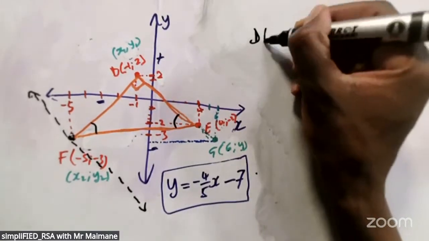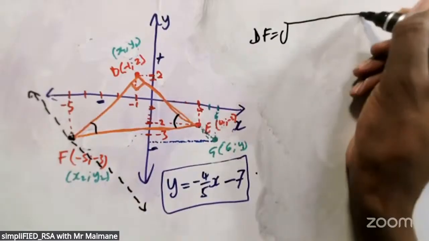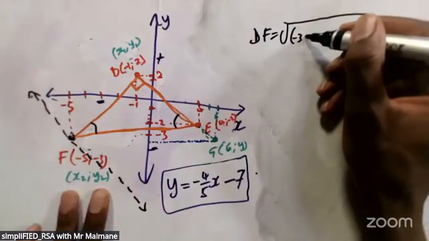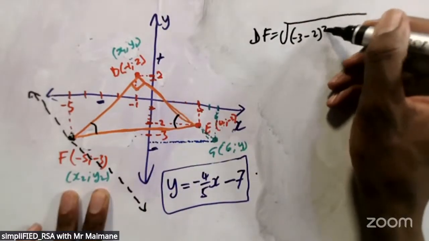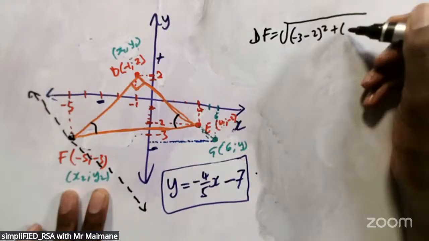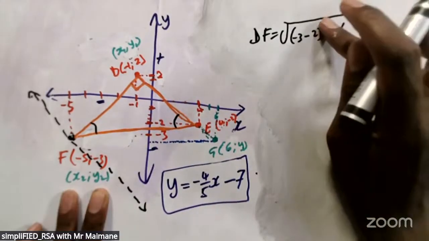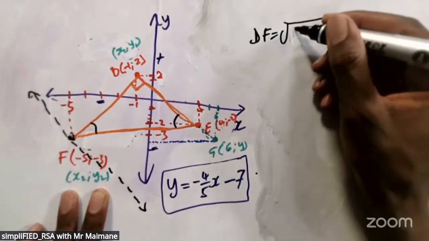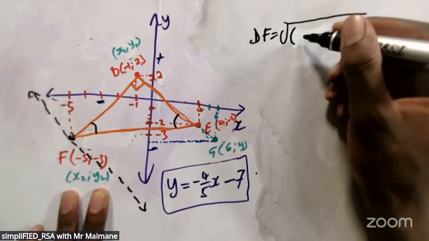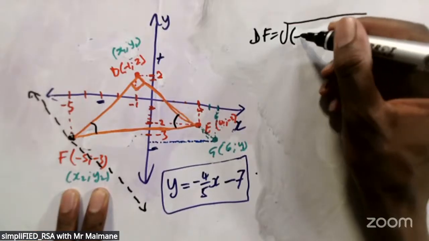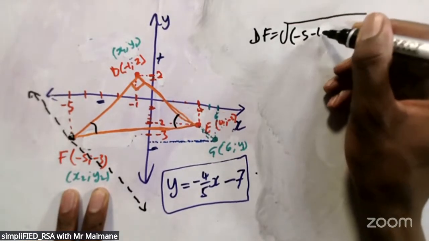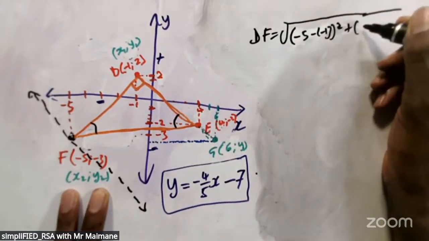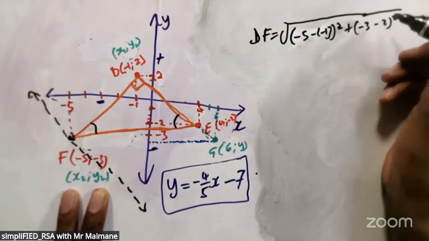So DF is going to be, for accuracy's sake, x2 is minus 5 minus 1 squared plus y2 is minus 3 minus 2 squared.